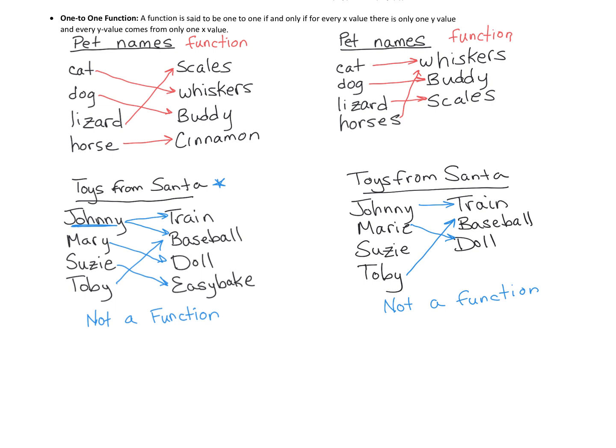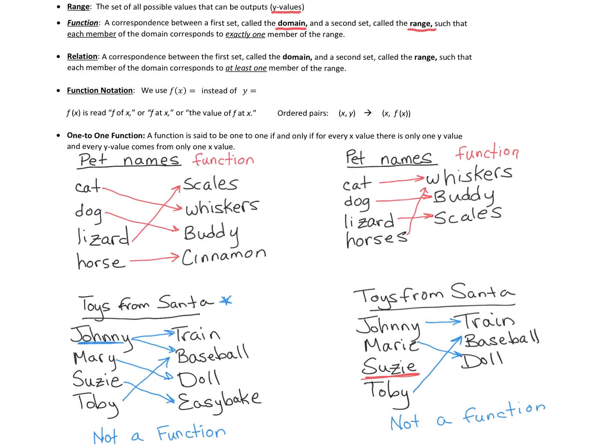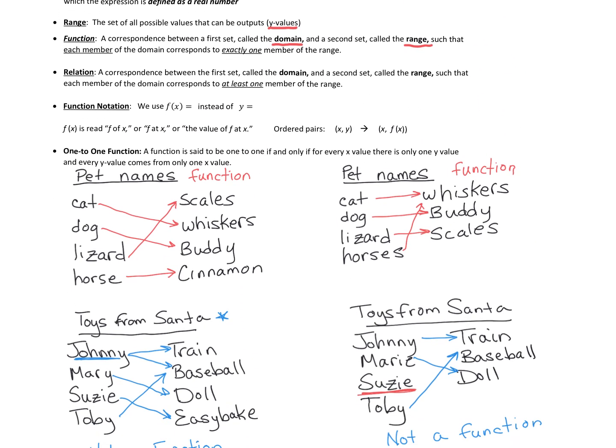In this case, it's not a function because Susie does not correspond to any one of the toys. Remember that every element of the first set, the domain, has to correspond to the second set in the range, and in this case, Susie does not correspond to anything. So let's go back a little and continue here.